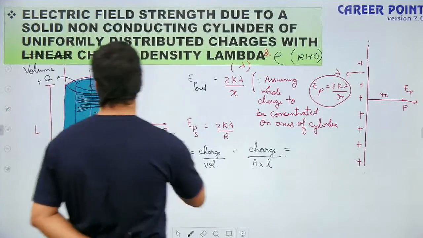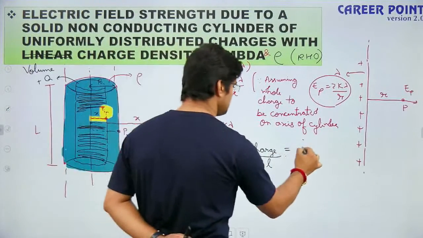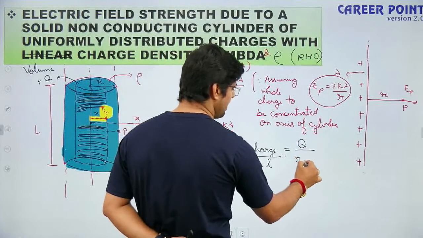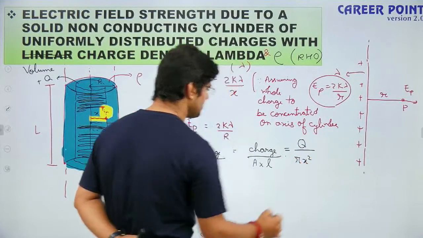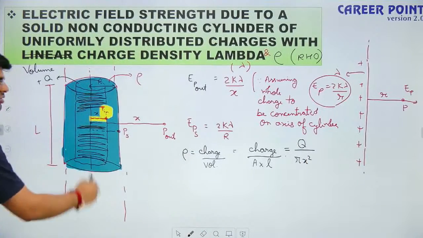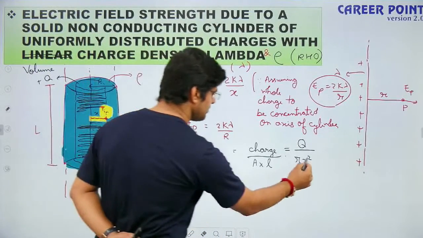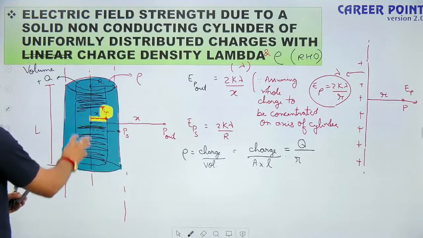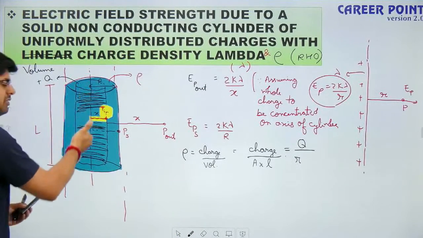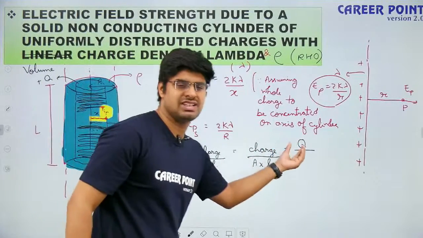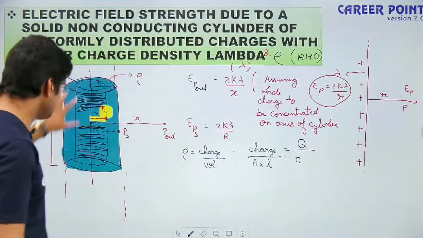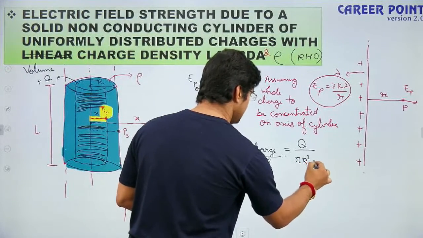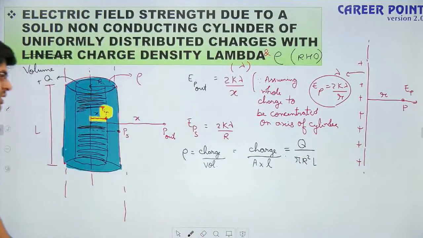Here I am assuming the total charge present is capital Q divided by the total volume, that is pi capital R square into L. We take x as the radius of the inner cylinder, because we have to find the charge present inside it.